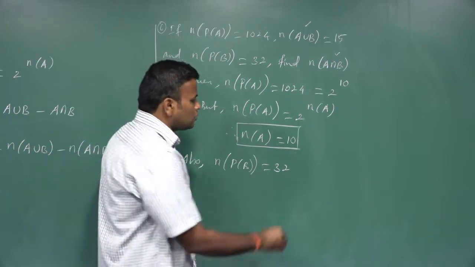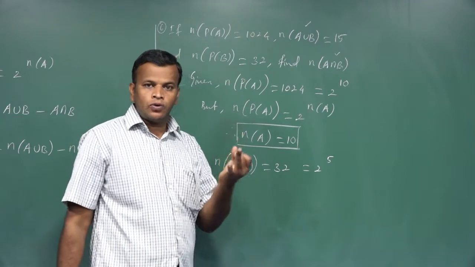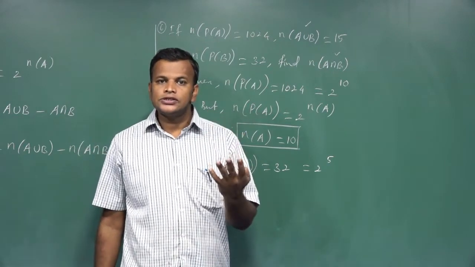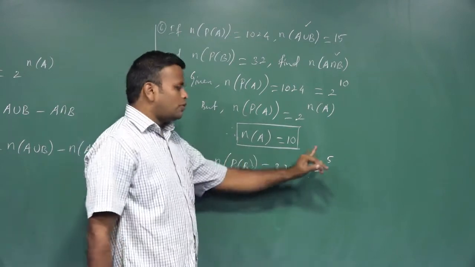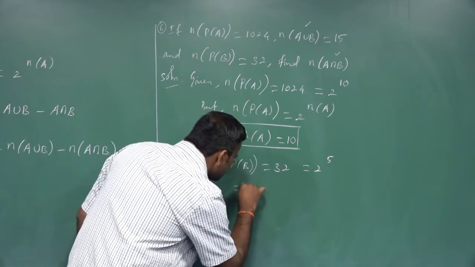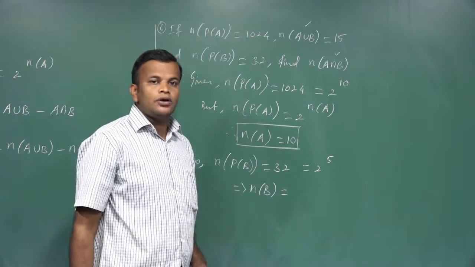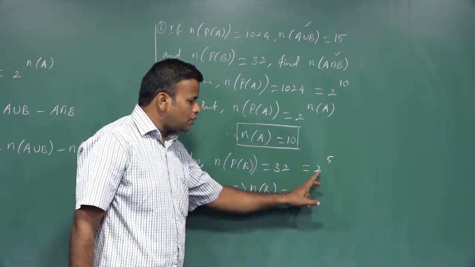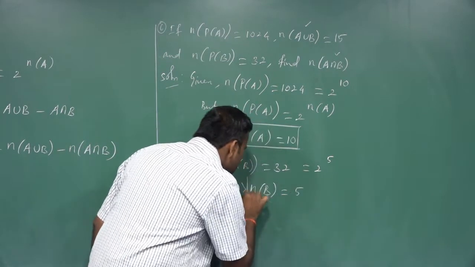So we write 32 as 2 power 5. 2, 4, 8, 16, 32. So we multiply 5 times. So 2 power 5. Then directly we write n of B. The value of 2 power 5 is 32, so n of B value is 5.